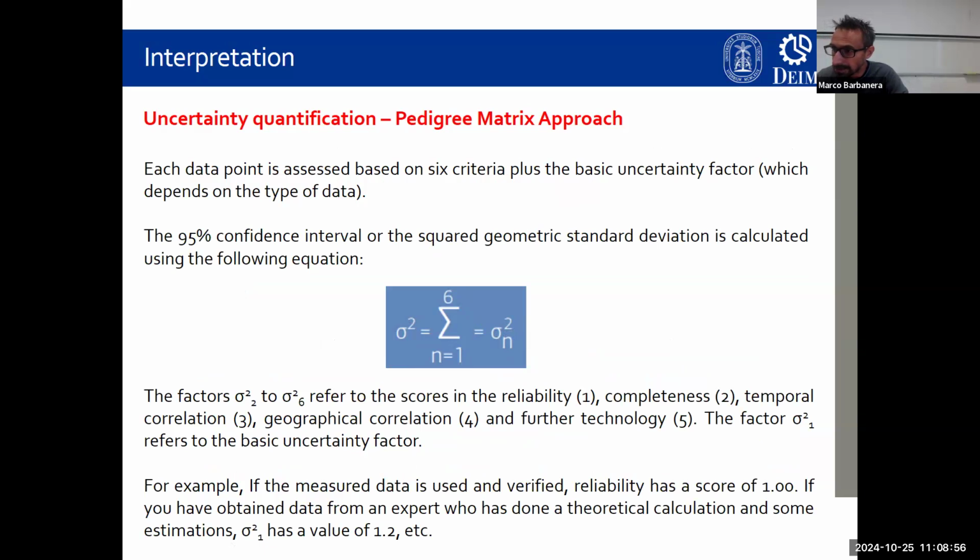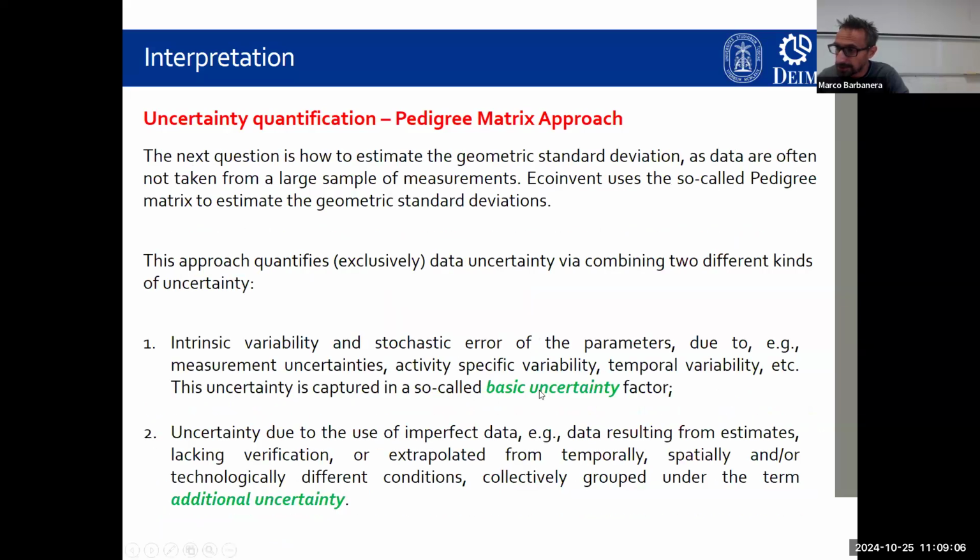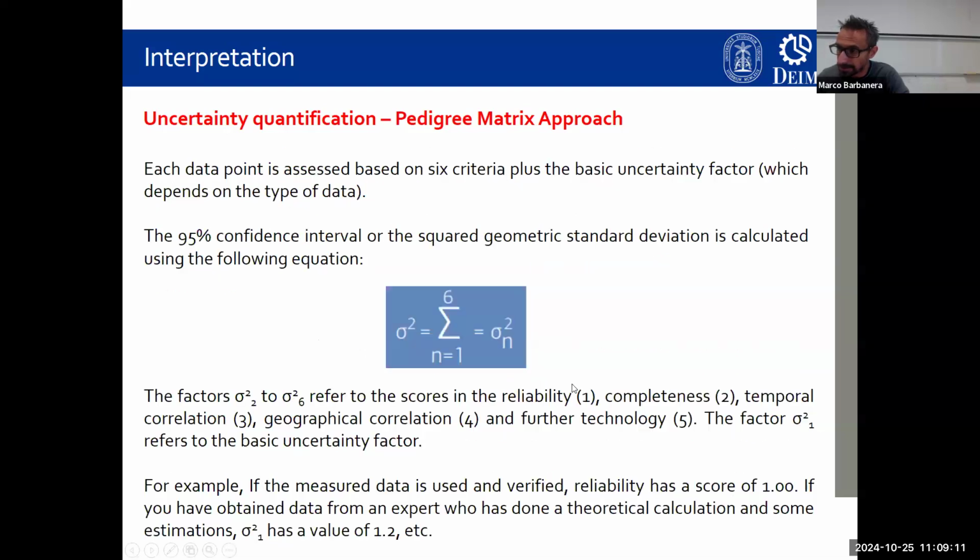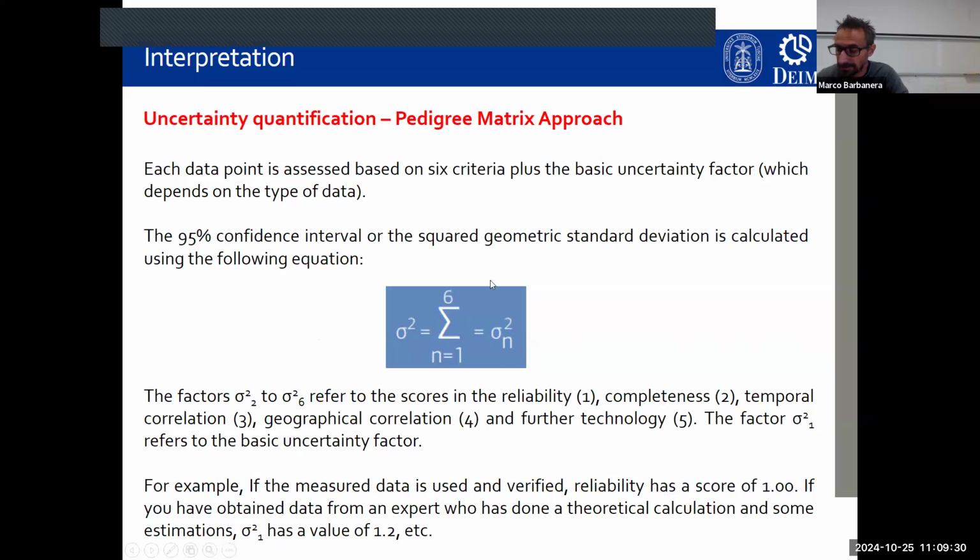Sigma 1 is the standard deviation about the basic uncertainty. If the data is a primary data, as you can see in the slide, this value is equal to 1. The meaning is that this data is not affected by uncertainty.